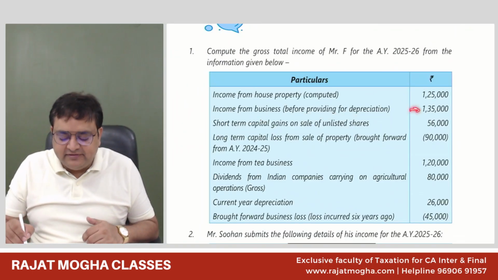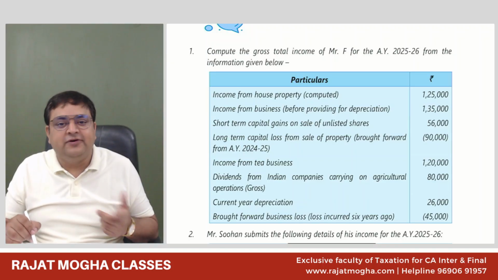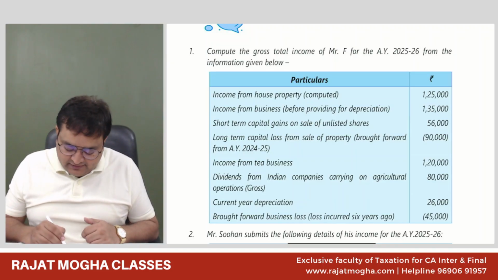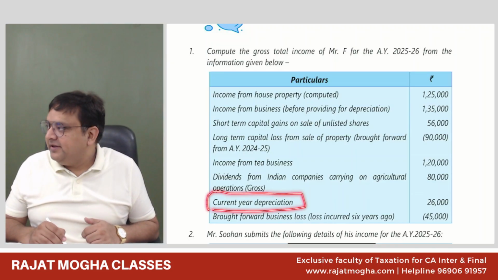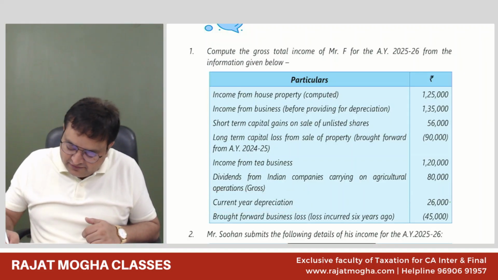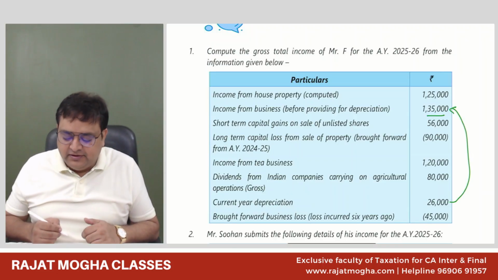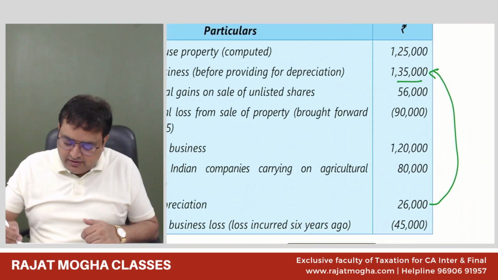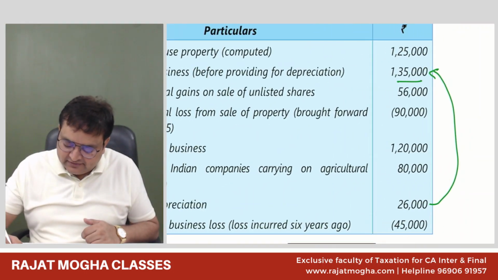So current year depreciation or current year expenses should be given the first priority. See, here it is written, current year depreciation is 26,000. So this 26,000, first of all, has to be taken care of from 1,35,000 rupees. So it will become 135 minus 26.